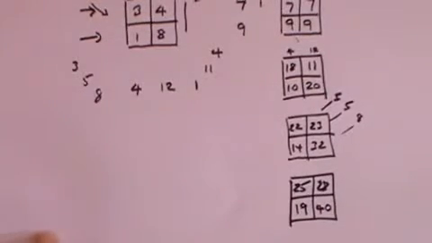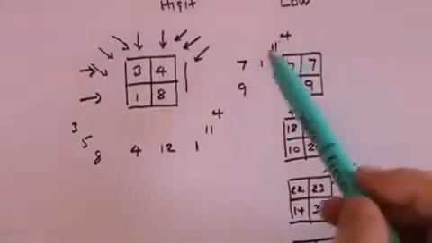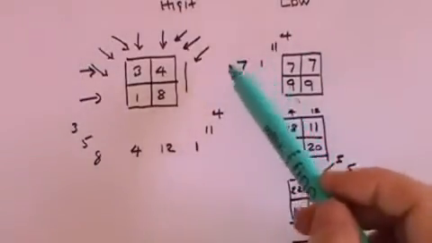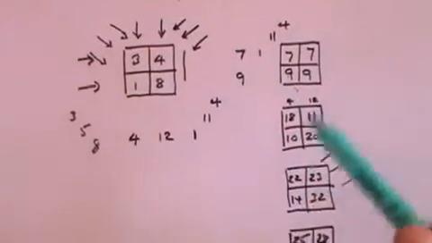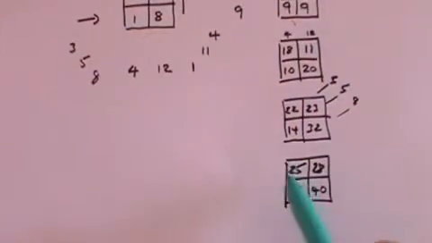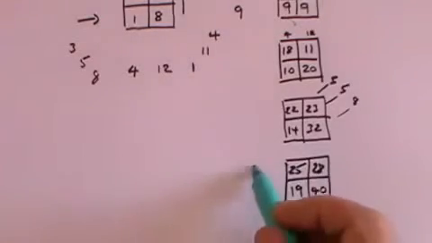The next part of the algorithm, this is what the computer is doing, is it takes the initial combined total, which is 7 plus 9 is 16, and you subtract 16 from each of these boxes.